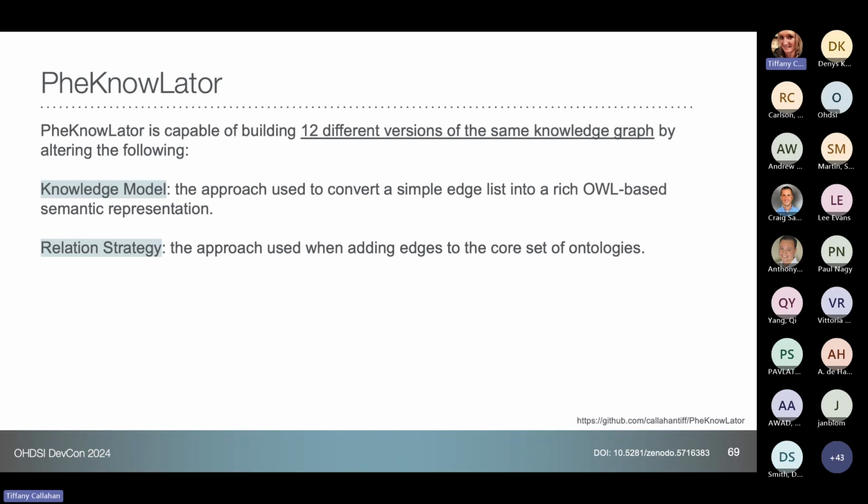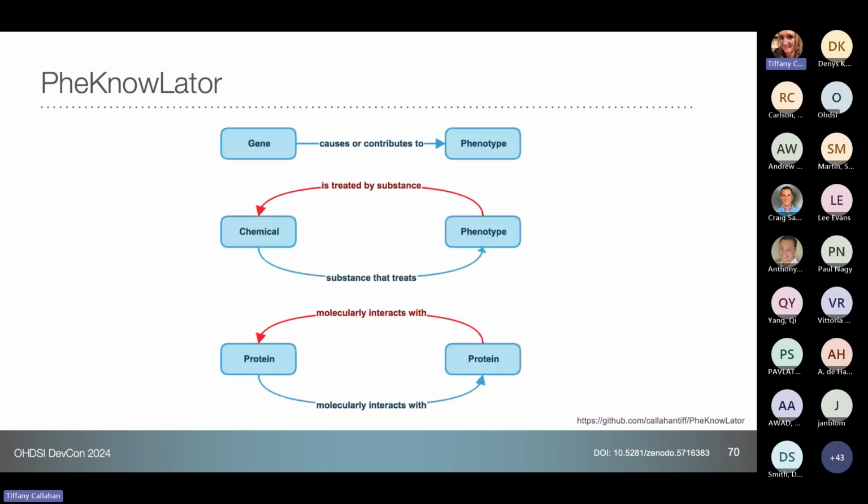In addition to different knowledge models, PheKnowLator also provides flexibility in the representation of relationships. There are two relation strategies: unidirectionality, so you can have a single edge like gene causes phenotype, or you can do them bidirectionally by inferring a relation's inverse.